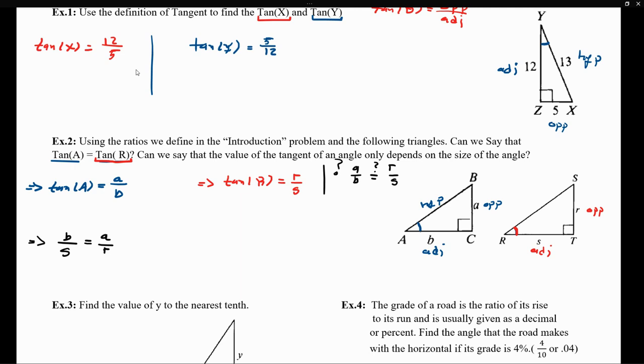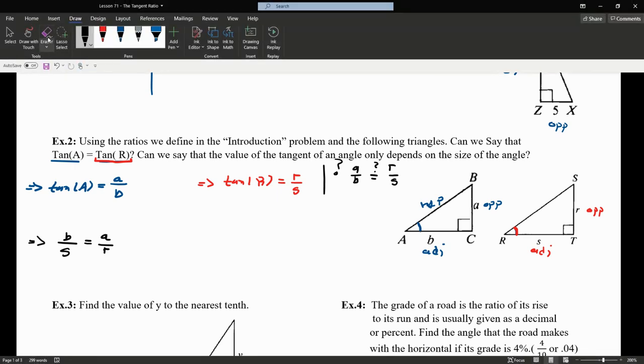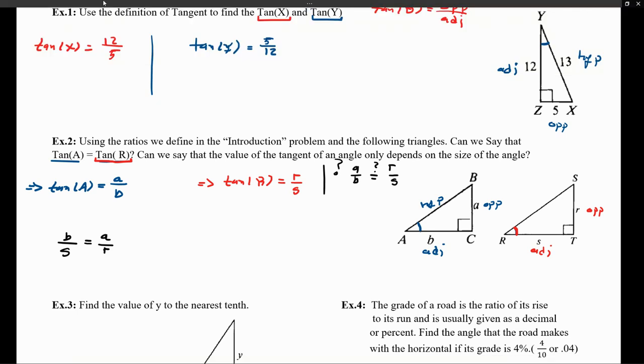And notice that we almost have it. It's just a different order. I know that this is true due to similar triangles, so how about we manipulate this a little bit? If I multiply by s on both sides, then I have that b is equivalent to as over r.